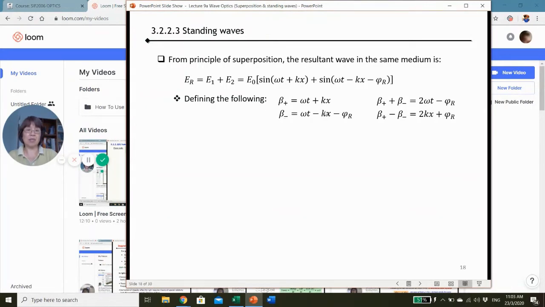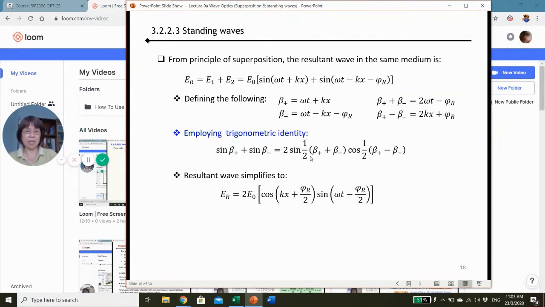This minus this will give us 2kx plus phi r. And we use a trigonometric identity. When we have a sine of an angle plus the sine of another angle, that will give us 2 sine half of beta positive plus beta negative multiplied by cosine of half of the difference between the two.